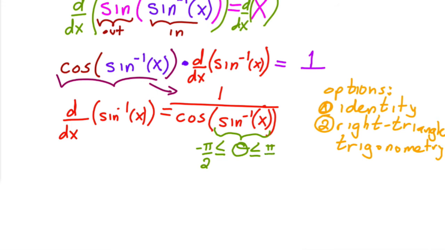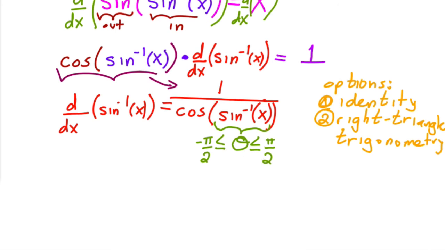If you don't remember that, you have to go back and review your trig, but remember we have to chop it so that it's 1 to 1. Anyways, it's between negative pi over 2 and pi over 2. Now that is important because cosine is always positive between negative pi over 2 and pi over 2. Okay, so that's why that's important.